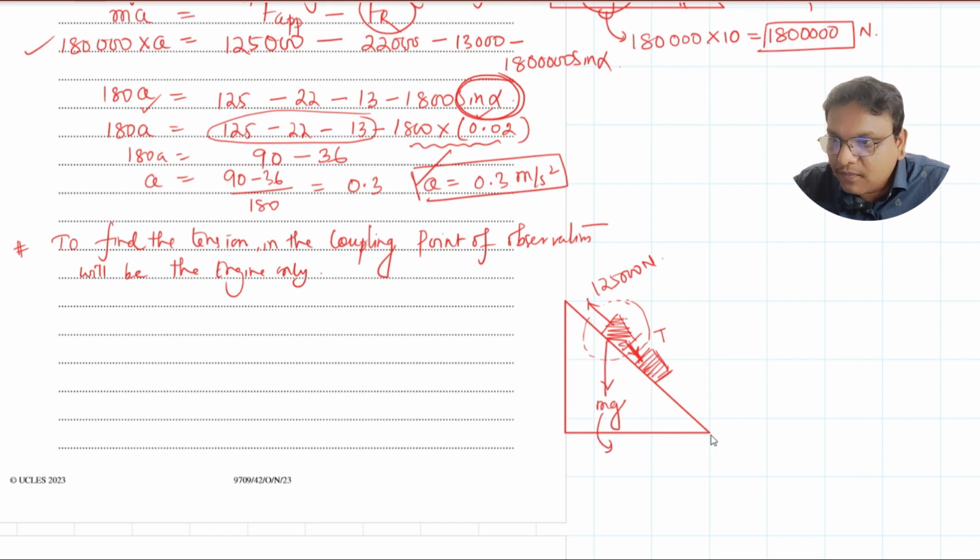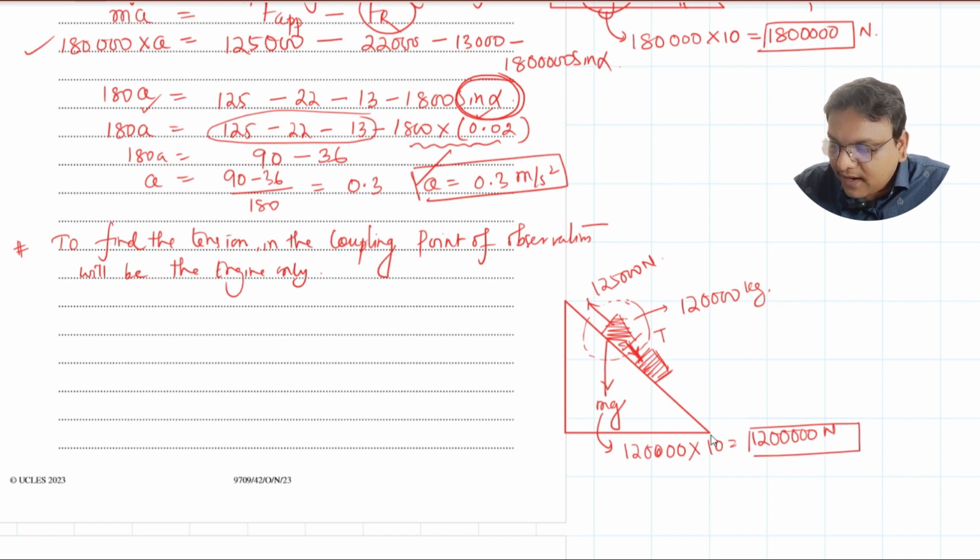And this mg will be what? The mass of this one is given, 120,000 kg. So this mg will be 120,000 times 10, that is 1 with 5 zeros, 1 2 3 4 5 Newton. This will be the downward force.